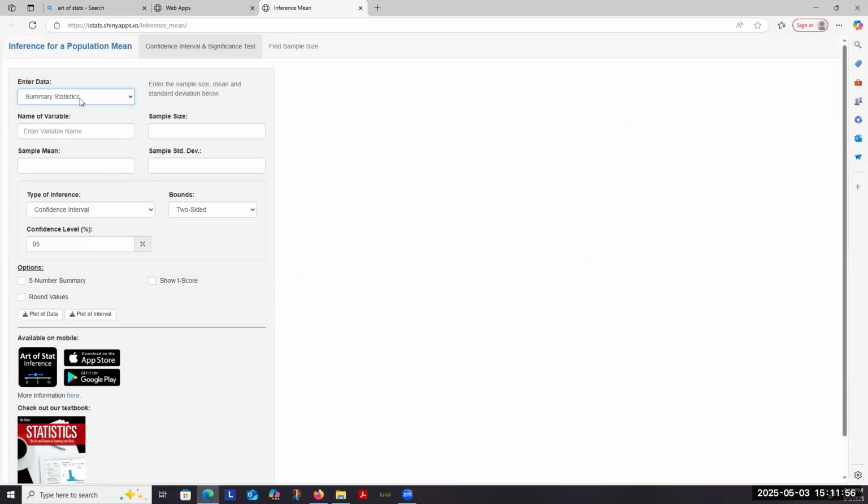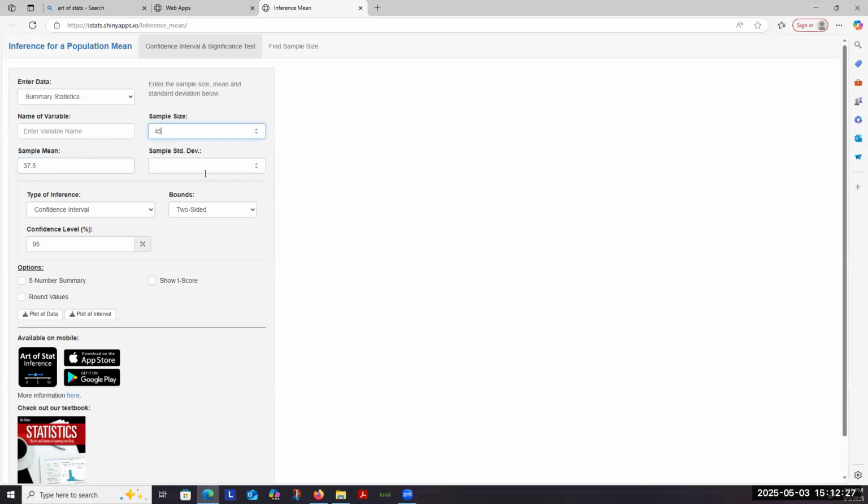The information is about the sample. You have to put the sample mean, 37.5. The sample size is 45.